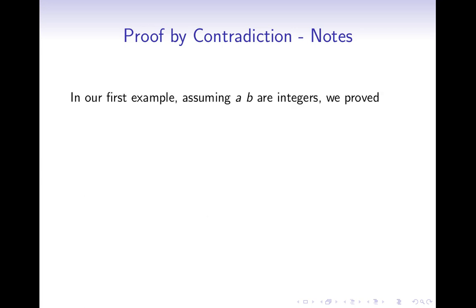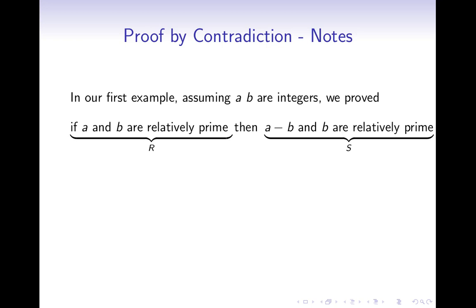So looking back at our first example, we assumed A and B were integers, and we proved the if-then statement. If A and B are relatively prime, then A minus B and B are relatively prime. So I'm just calling these two statements R and S for short.